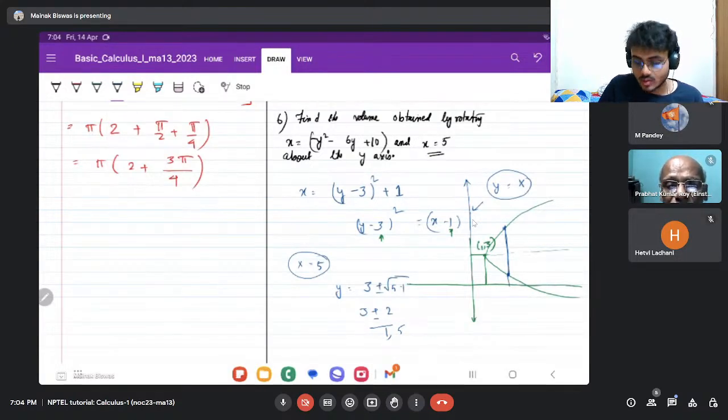Now what will I do? I will rotate it, right? It's told rotated about the y-axis. So this would become your volume. Try to visualize how it will look. It will look like a flask, something like this, right?